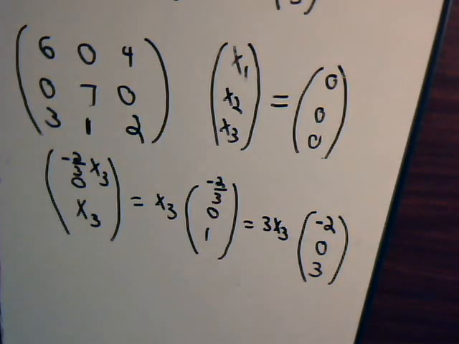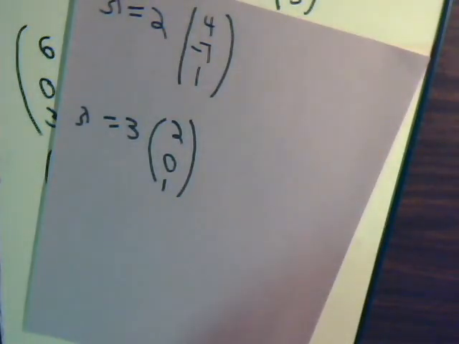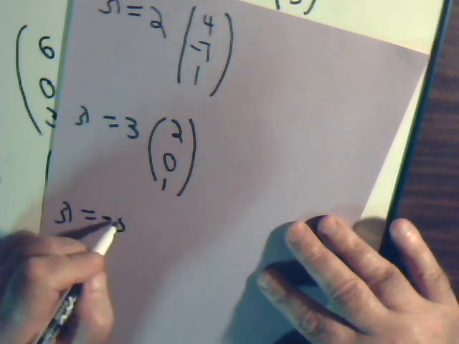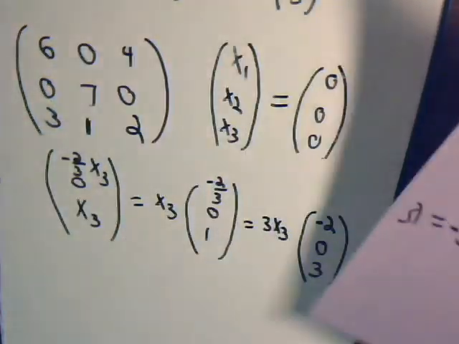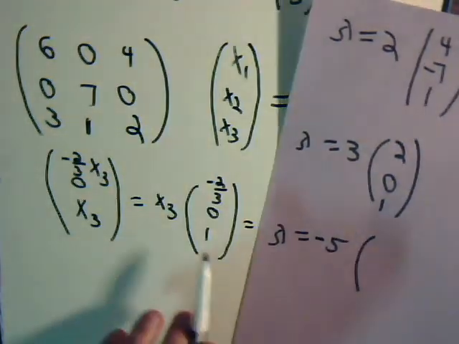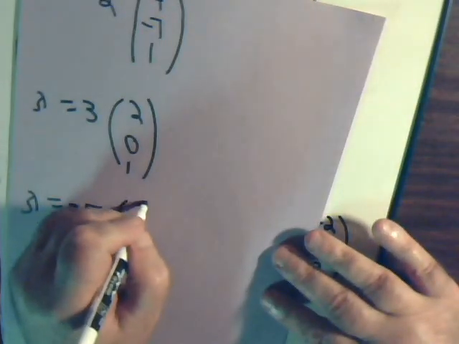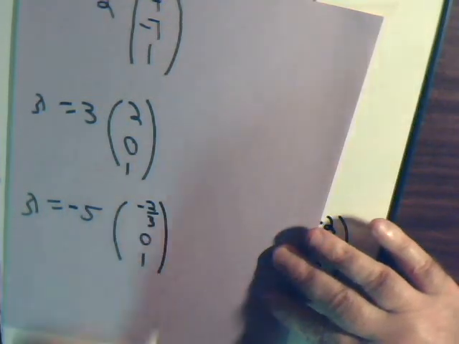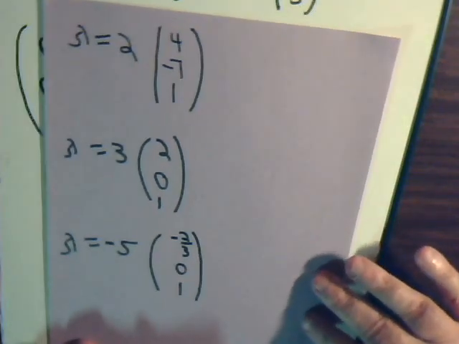So once you have an eigenvector, you can multiply it by any number, and it's still an eigenvector. So for lambda equal to minus 5, we'll just keep it in a regular form like this, as we had to begin with. But it doesn't have to stay like that if we don't want it to. Minus 2/3, 0, 1. So there you have it.